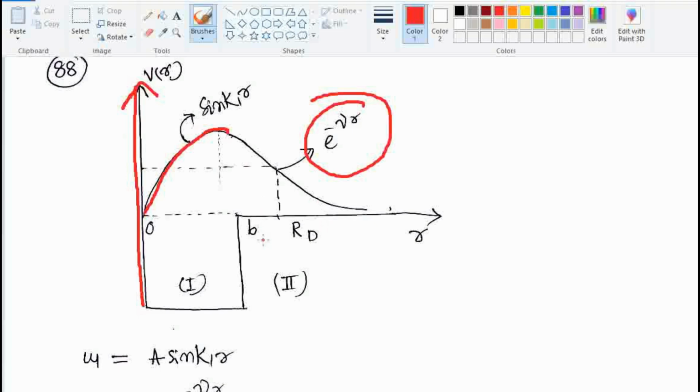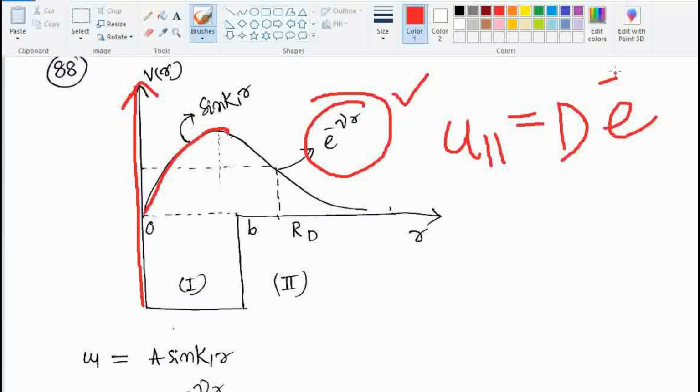Now you take this wave function psi 2, let's take it as u2, that means the wave function in the second region. This is d e to the power minus gamma r. Now, to find the radius of this neutron, we have to make r equal to 1 by gamma.